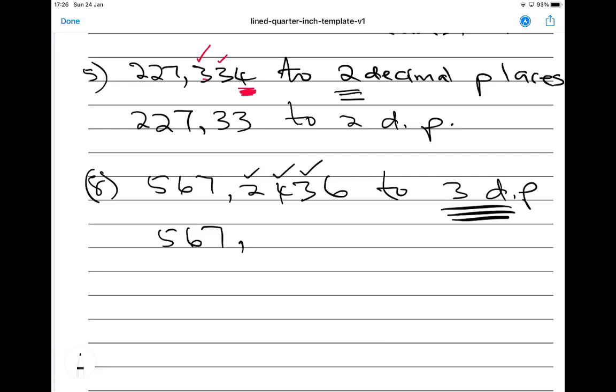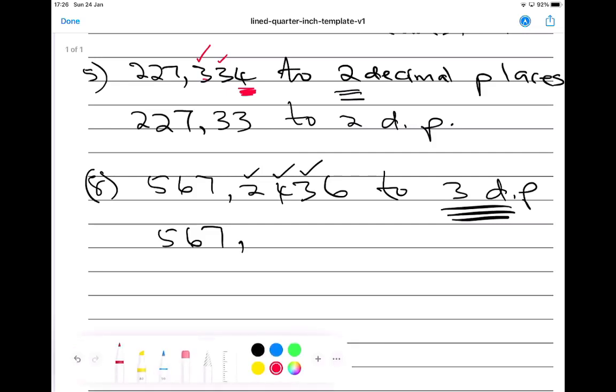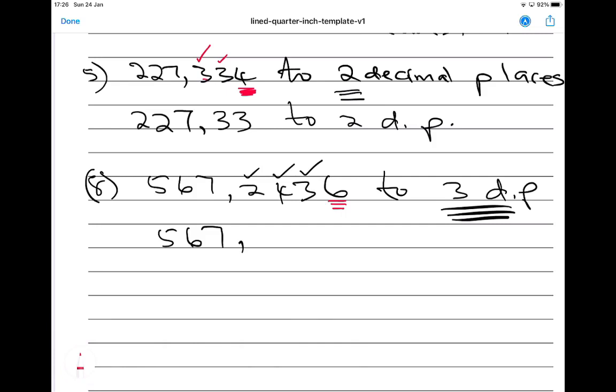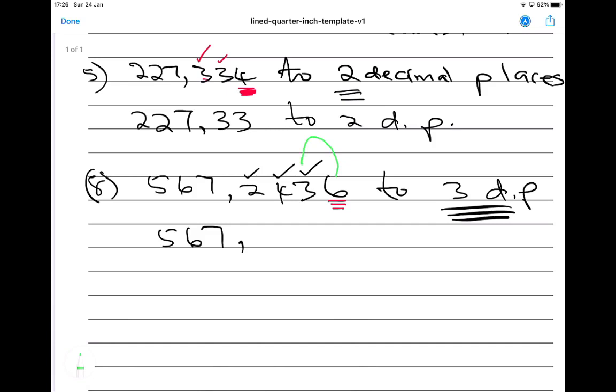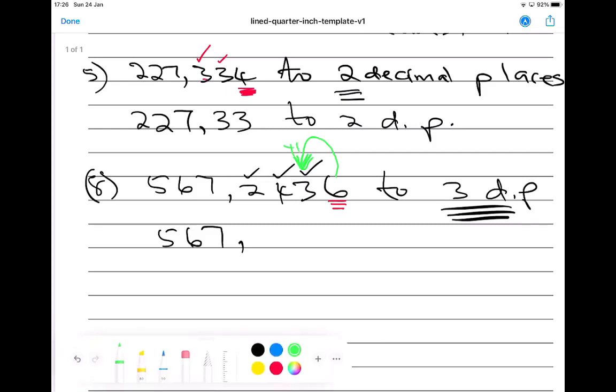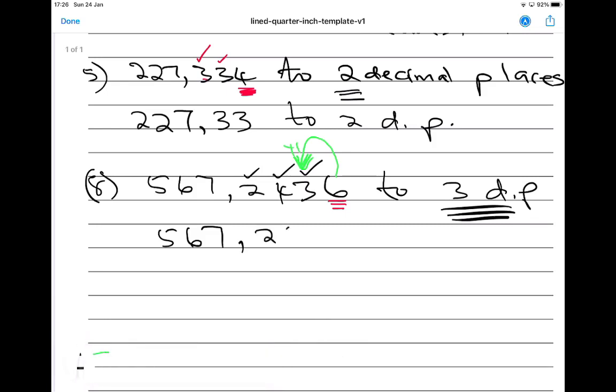But I can't just use those before I consider the next digit. In this case, the next digit is 6, and 6 is bigger than 5, which means we will take a 1, because this is bigger than 5, we'll take a 1 and add it to the 3. So we need to add a 1 to the 3. So our answer becomes 567.244 to 3 decimal places. All right.